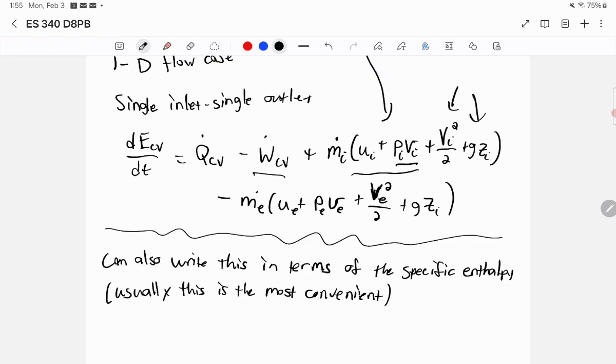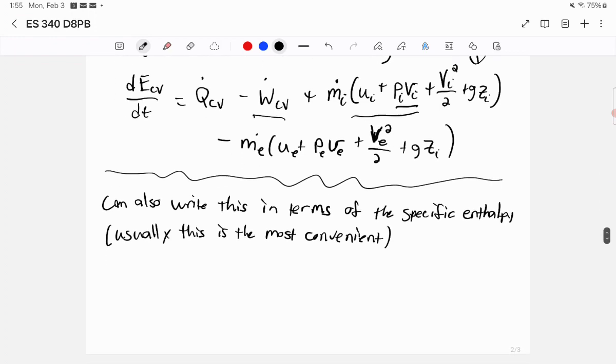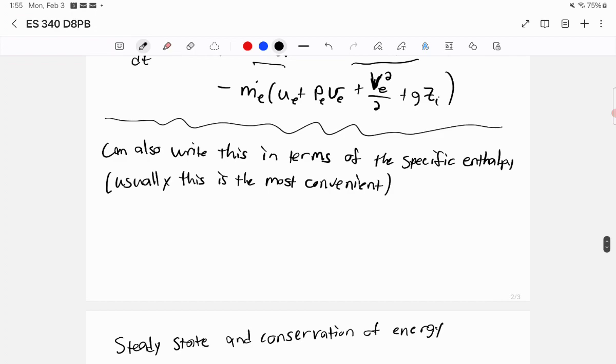So, in other words, it's going to be a pain in the neck, typically, if we use the internal energy. Note the following: H is equal to U plus PV, right?